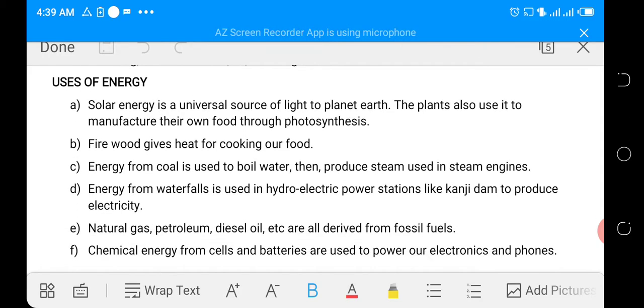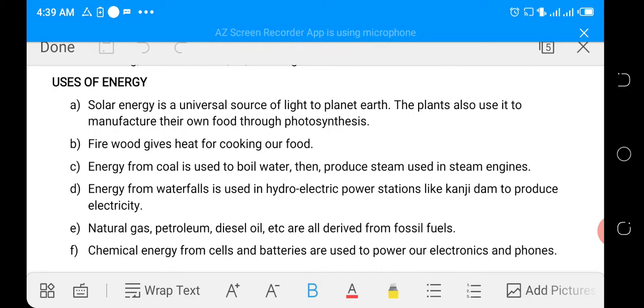Uses of energy. The following are the uses of energy. 1. Solar energy is a universal source of light to planet Earth. The plants also use it to manufacture their own food through photosynthesis. 2. Firewood gives heat for cooking our food. 3. Energy from coal is used to boil water, then produce steam used in steam engines. 4.